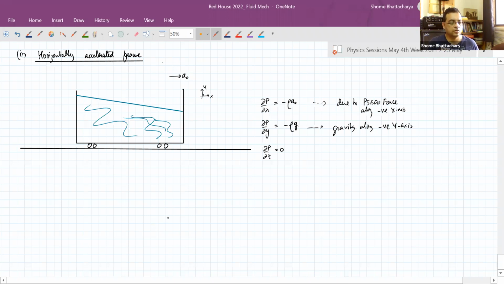Okay. So the idea is now if we look at a volume element which is of thickness dx like this. This coordinate is x. Now we look at it from the point of view of our non-inertial frame of the tank, and we consider only horizontal forces on it.